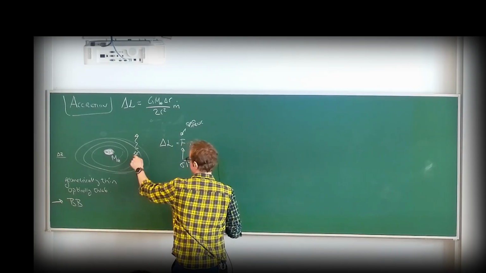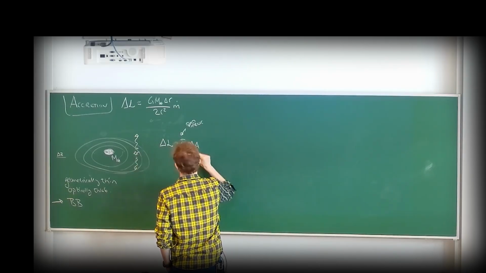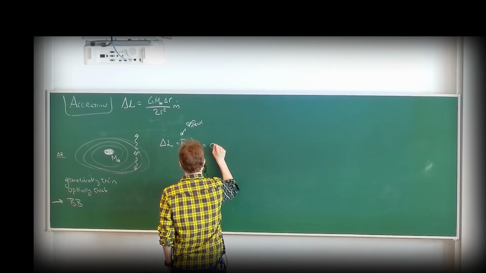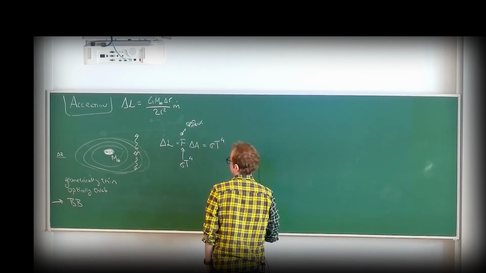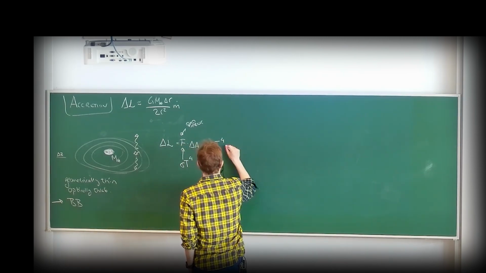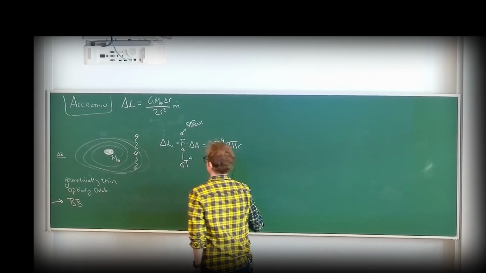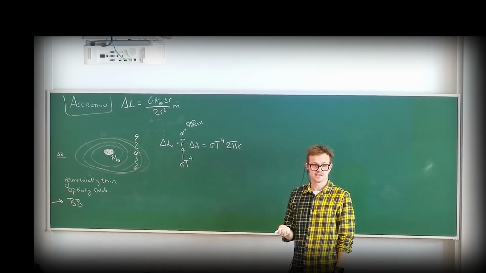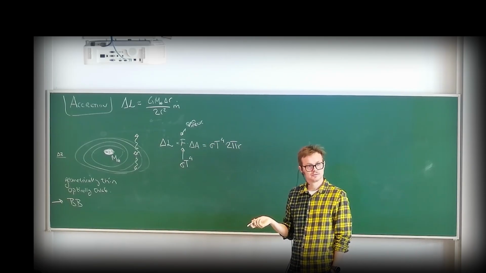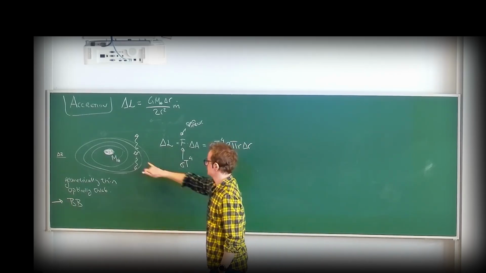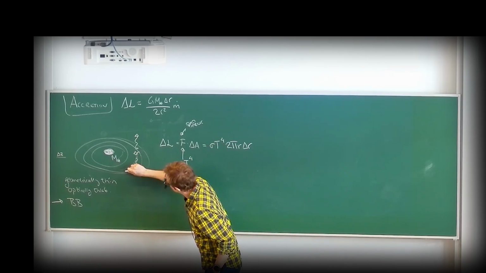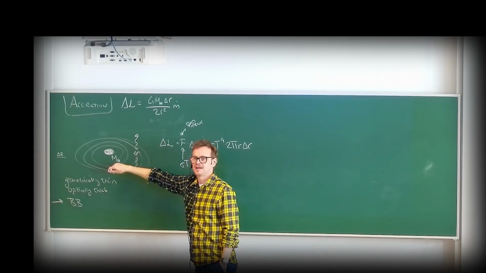Delta L is then sigma T^4 times delta A. Now, the total area here is, well, you have the circumference of the disk, 2 pi r, this we know, I hope, times delta r, which is the thickness here. So then you get the total area of a little annulus.